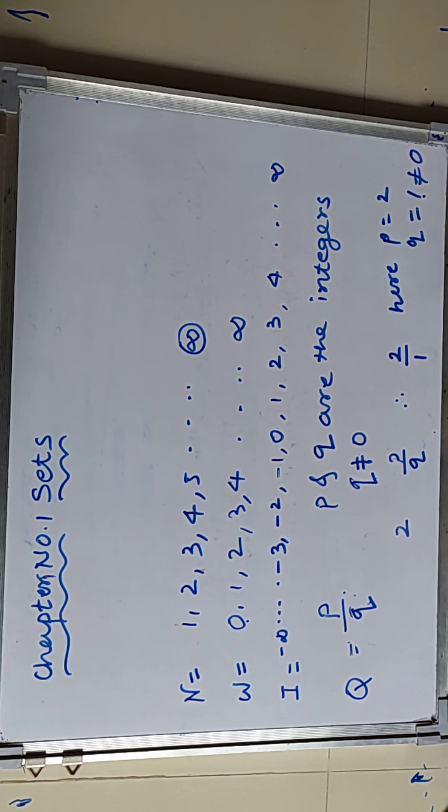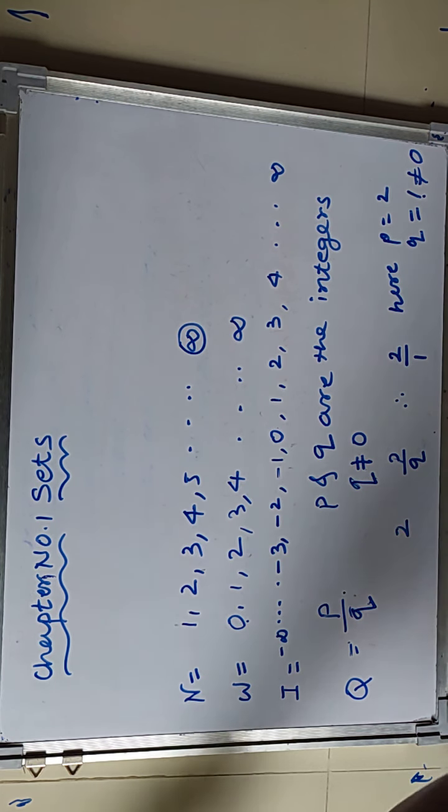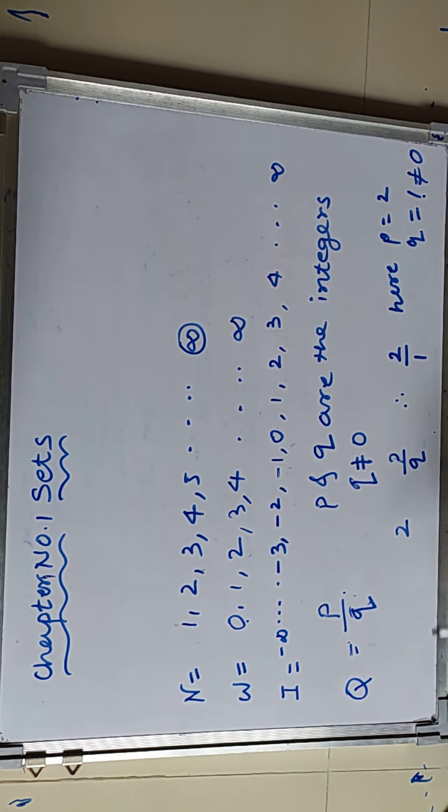How is this possible? Suppose I write the rational number 3 upon 4. It is a rational number. Can we say that this rational number is an integer? No, because 3 upon 4 is 0.75 and it is not an integer.